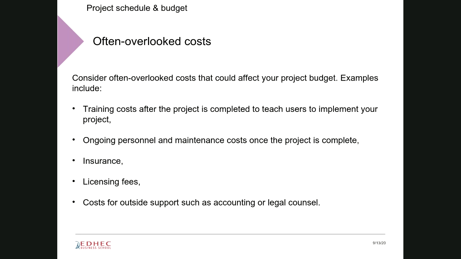Then you have the insurance or licensing fees that also represent a cost. Not to mention that if you are to use software that is costly, you have to integrate that cost also into your budget plan. Costs for outside support, such as accounting or legal advisors.